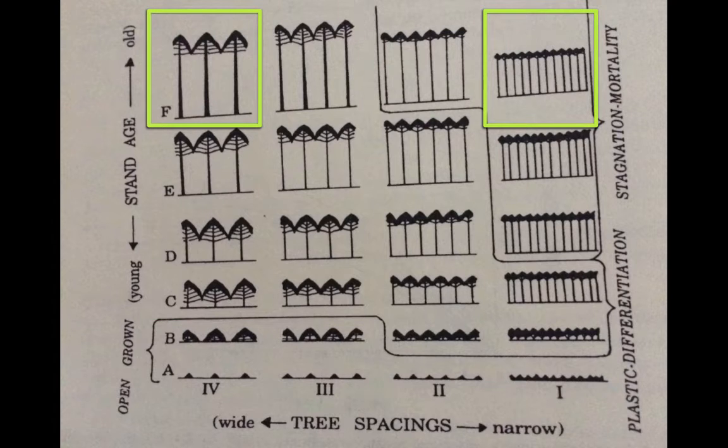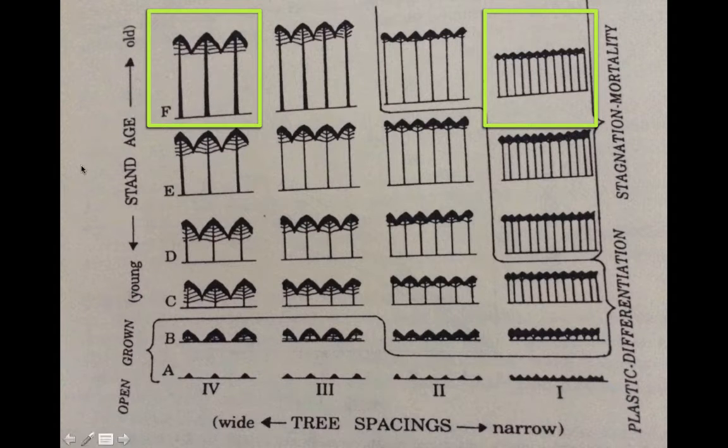And then finally, we look at this oldest stage, F. And we see how density really influences individual tree growth. So how density changes the outcome. So by F, we've grown taller, we've put on diameter, our crown has changed.